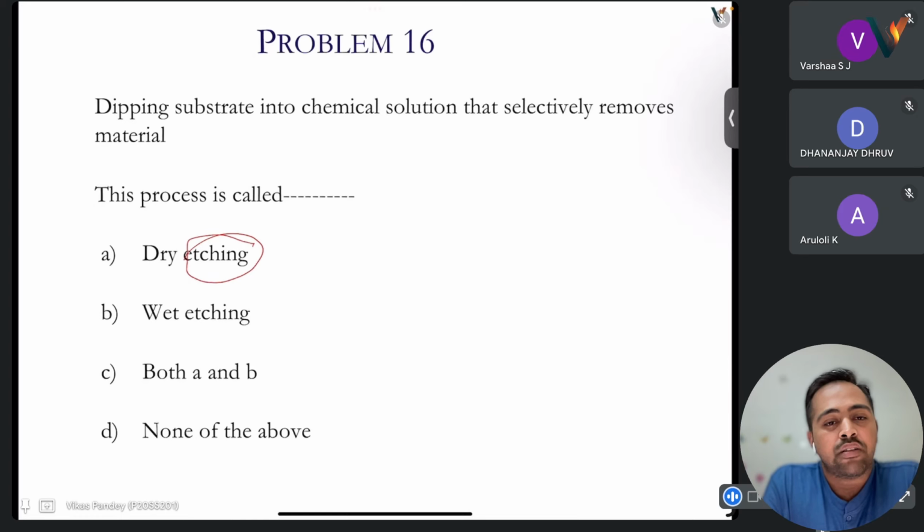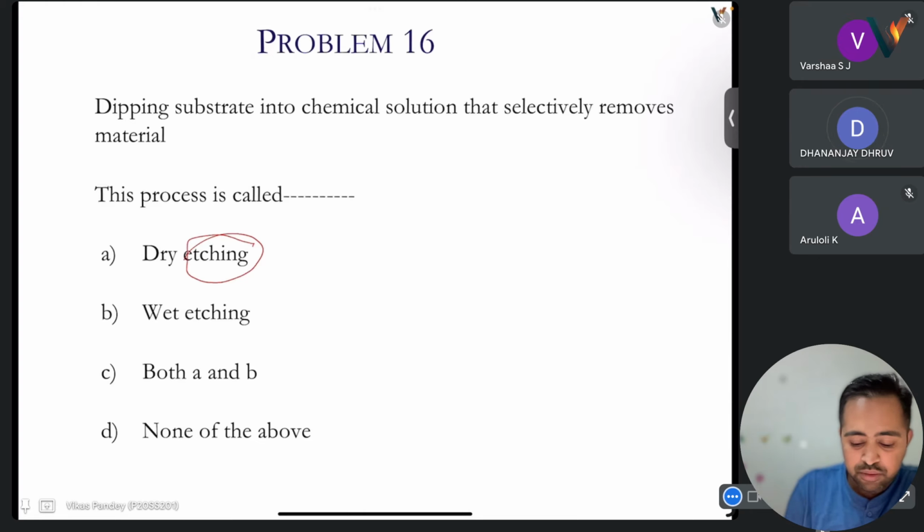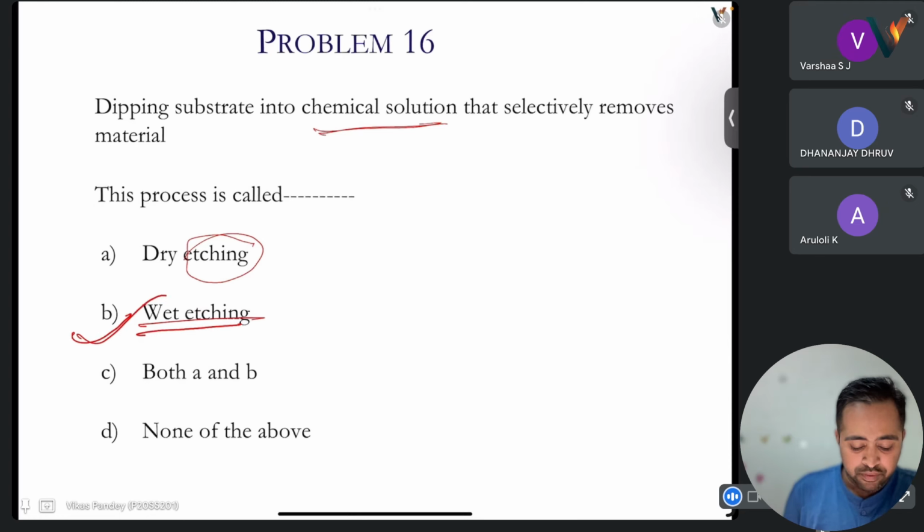Dry etching, wet etching, both of these, or some other kind of etching? It's wet etching. Wet etching. Since we are dipping, simply it is dipping something in a chemical solution. It is wet etching. Okay.